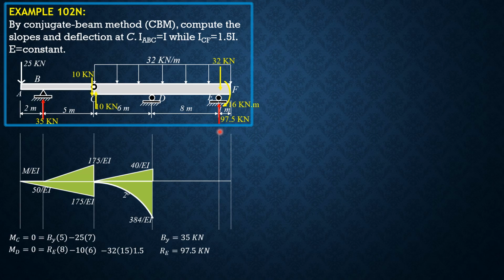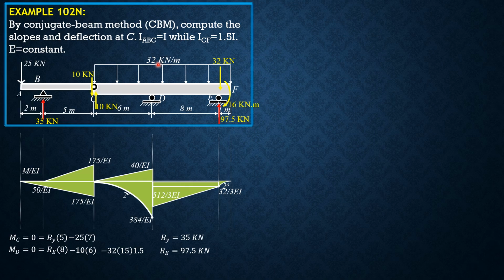Then due to 32 kilonewton per meter times 1 times 0.5, 16 over 1.5, second degree, that is 32 over 3EI. And let's have the moment of the 32 kilonewton per meter. 32 times 8 divided by 1.5, so we have triangular loading here. 32 times 8 divided by 1.5 is 512 over 3EI.